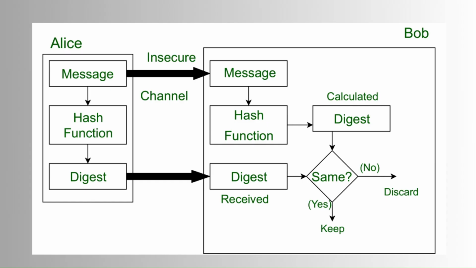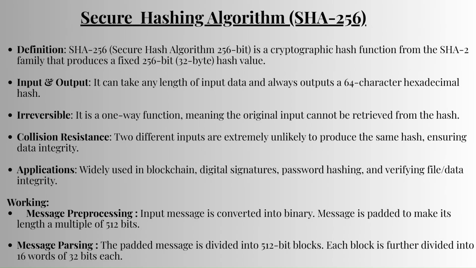At the receiver side, the message is taken and hashed again through the same hash function that was used at the sender side, and the generated digest and the received digest are compared. If they are the same, then it means the integrity is maintained and the message is kept, whereas if it is different, then it is discarded.